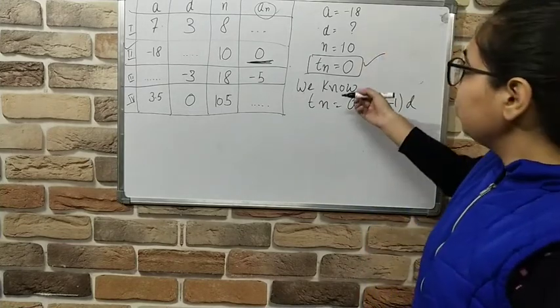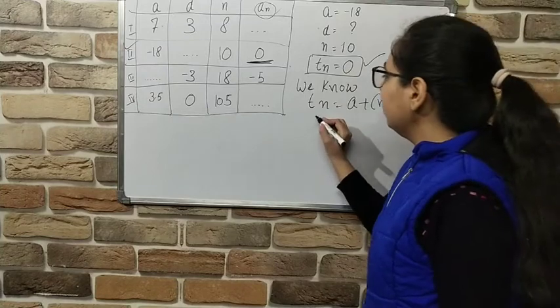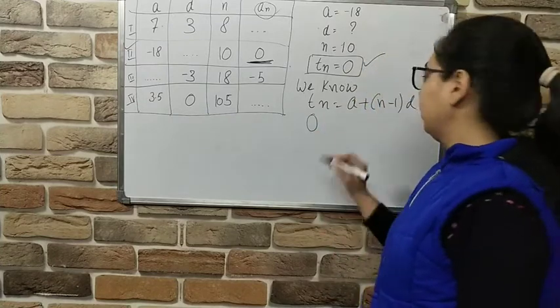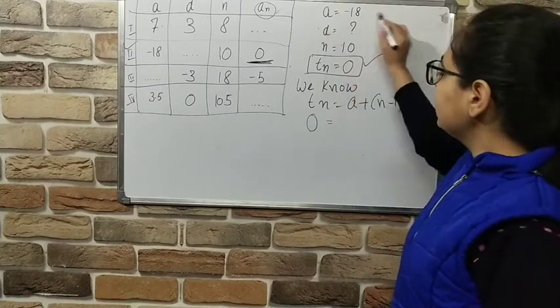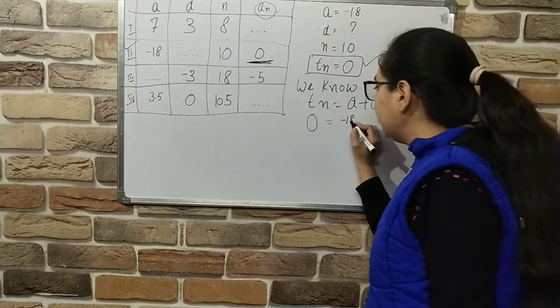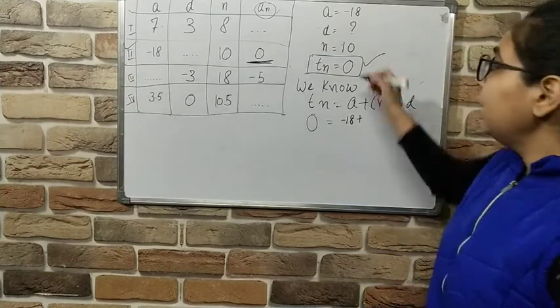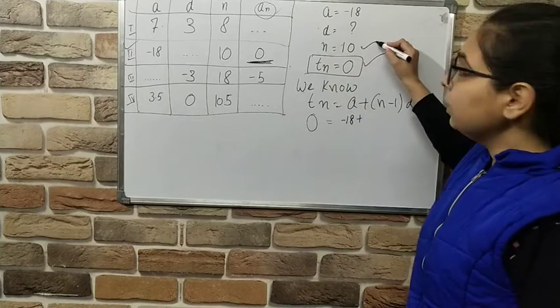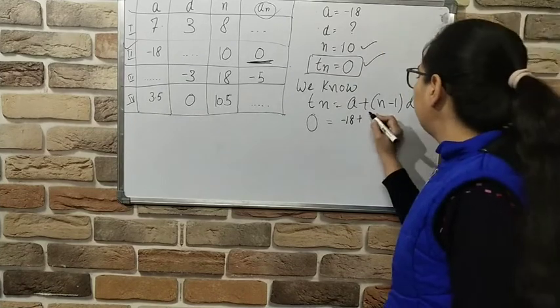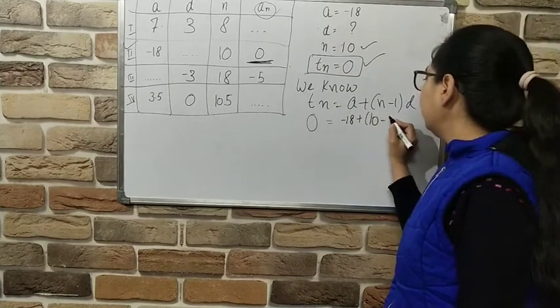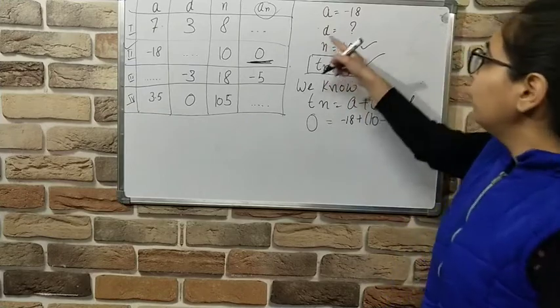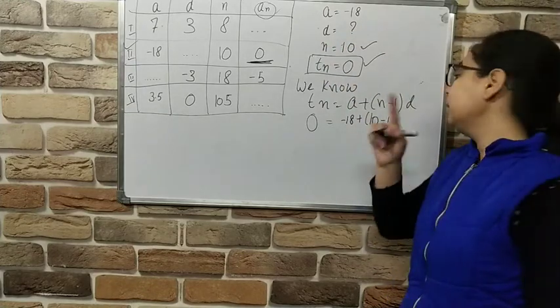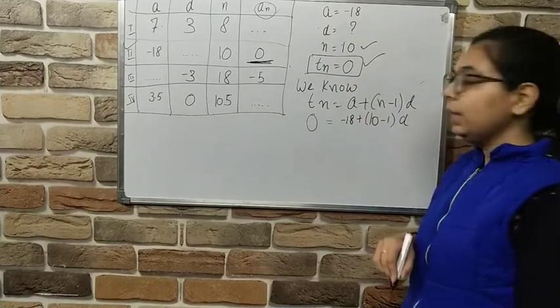Now fill in the values that are given: Tn, which is equal to 0, equals a, which is minus 18, plus n. What is n over here? N is 10. Put the value of n, that is 10 minus 1, into d. What is d? We have to find d, so put d as it is.